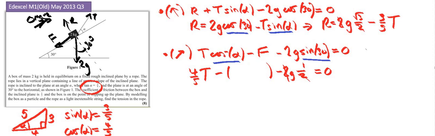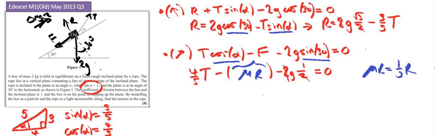This is the important part. This is the new bit. So I want to put friction into here. And I know that friction is mu times R. Mu, I'm told, is 1/3. So mu R equals 1/3 of R. Right, let's sub that in.